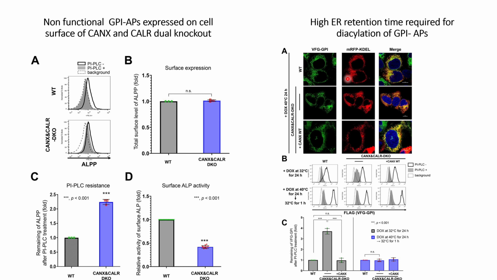This is evident because Calnexin and calreticulum help in the proper folding of the GPI-APs, and these things are validated using the quantitative analysis shown in panel B, where the results are shown not only for 40 degrees but also for 32 degrees.